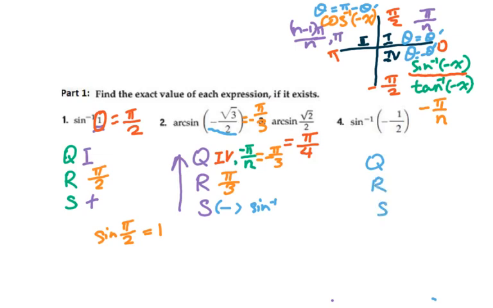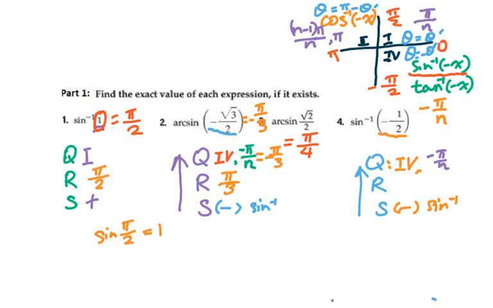QRS backwards. This number is a negative domain. Then we're working on inverse sine, which means fourth quadrant. The pattern will be negative pi over n.